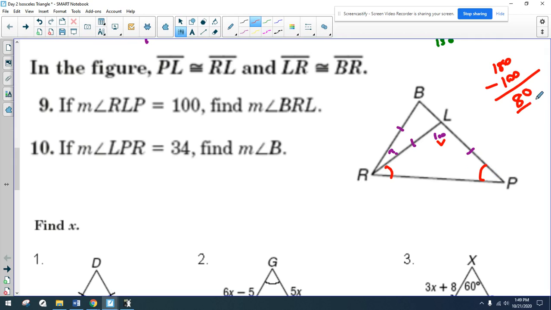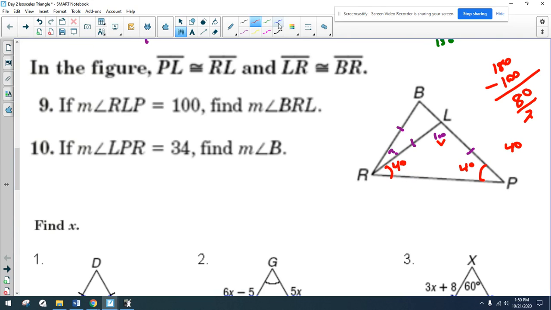So if I split that in 2, that's going to give me 40 for each of these. Technically you can make an equation and say x plus 100 equals 180 and then solve for x and get 40, that's fine. But this is still not answering my question right here. I want this one. So I need to figure out what that is.